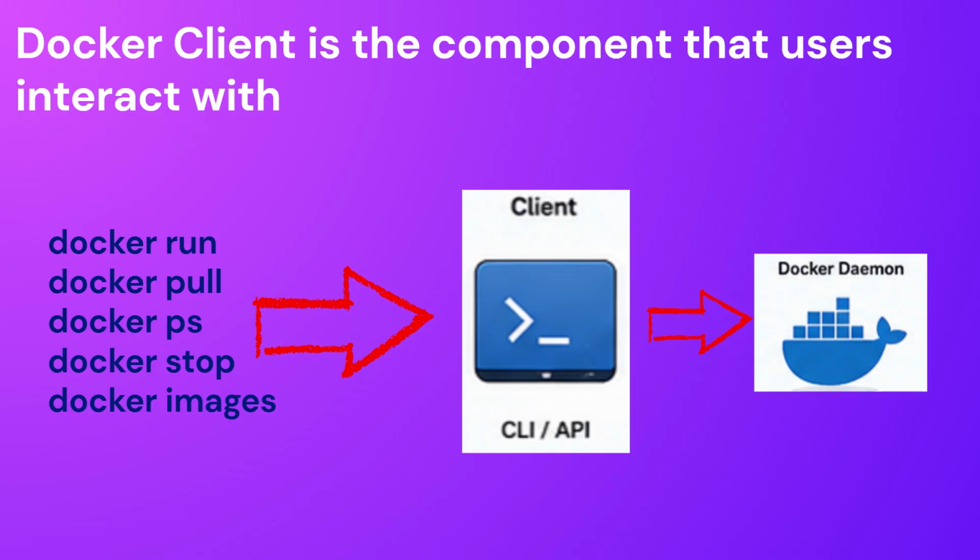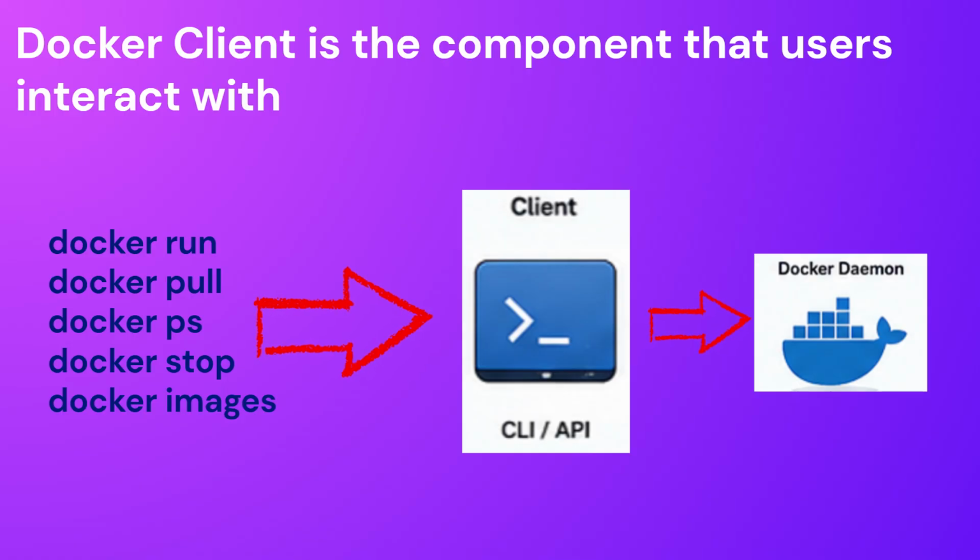One important thing to remember is the Docker client does not perform the actual work. It simply sends requests. This is a very important concept because many beginners assume that the Docker client creates containers or downloads the images.